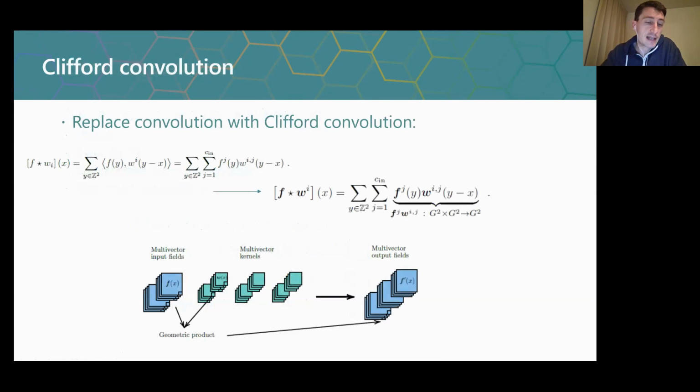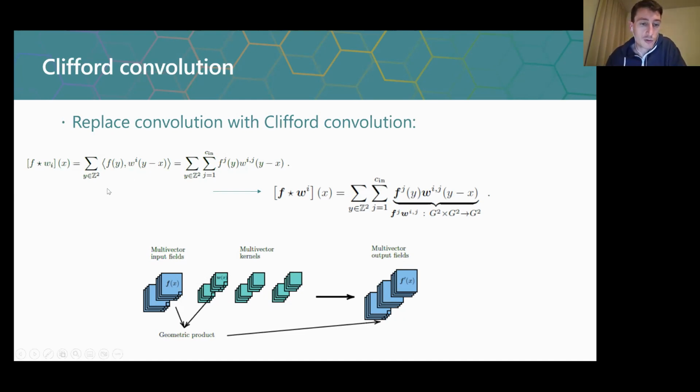And that is the idea now, to use this multivector viewpoint, to go from scalar representation to a multivector representation, and to use this geometric product as an operation which replaces the dot product. And that is a very simple way of how to define a convolution.